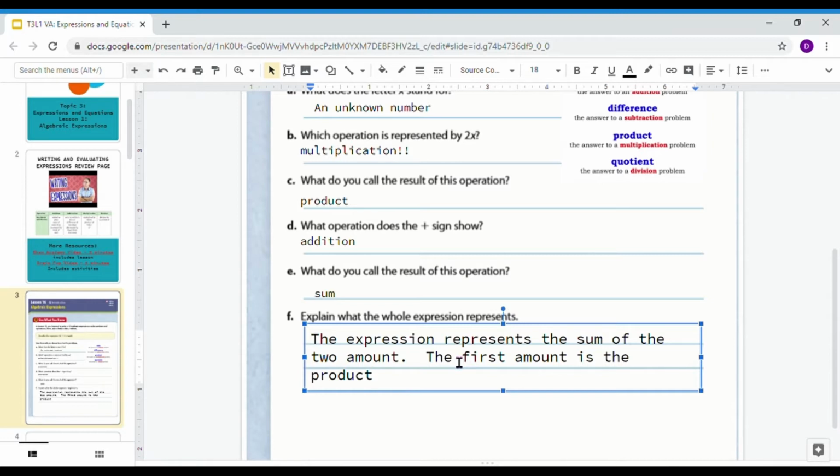So the first amount is the product of 2, the number 2, and an unknown number, which is x, which is a variable. And then the second amount is just 5.